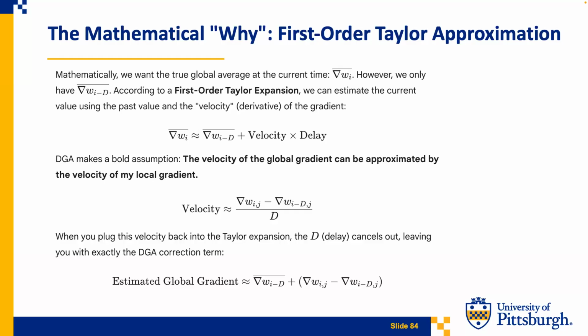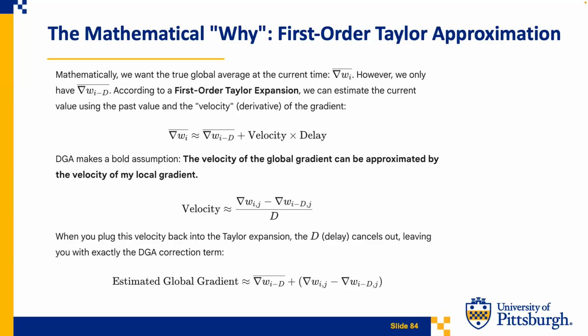But apparently we do not know the velocity of the gradient. We do know the delay, but we don't know the velocity. So we approximate the current gradient with the stale gradient plus the velocity times the delay. This DGA paper makes the assumption that the velocity of the global gradient can be approximated by the velocity of my local gradient, which is about the same speed.